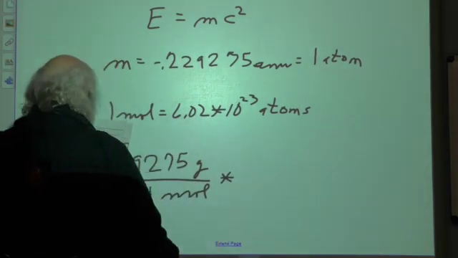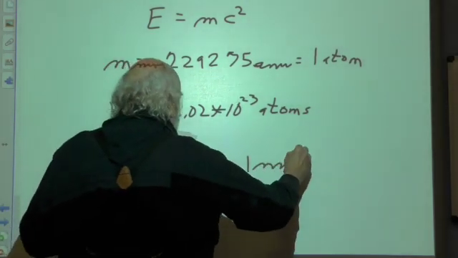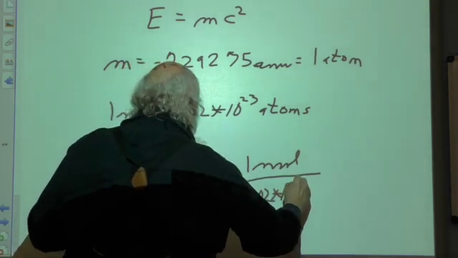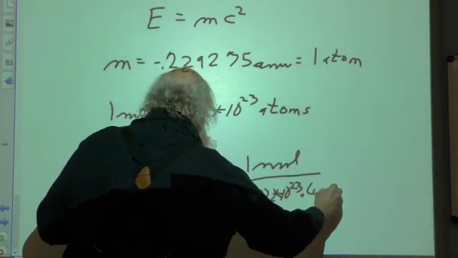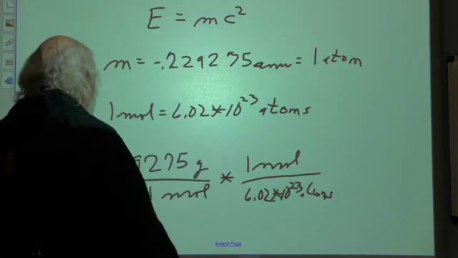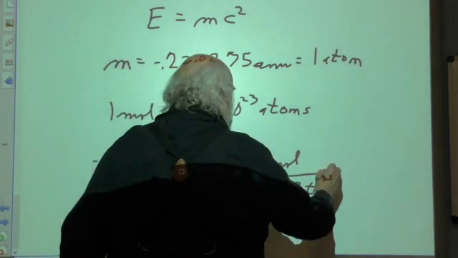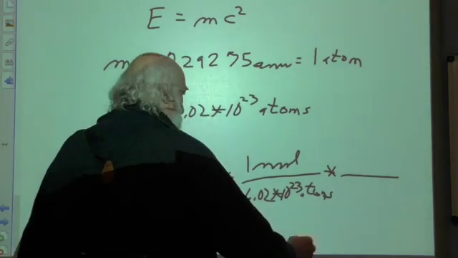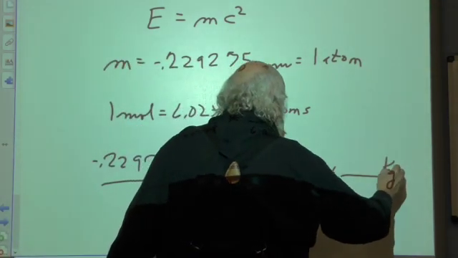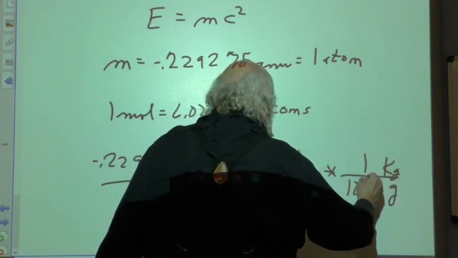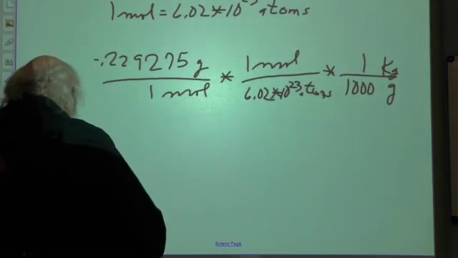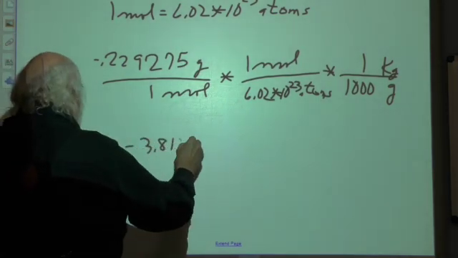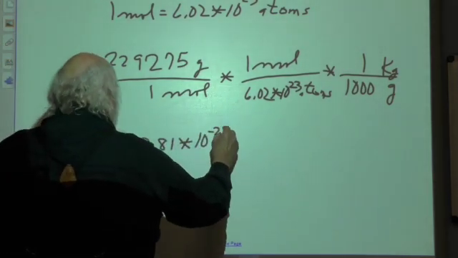Then I'm going to take 1 mole is equivalent to 6.02 times 10 to the 23rd atoms. And then I'm going to change my grams to kilograms. Grams here, kilograms here. 1 kilogram is equal to 1,000 grams. And when the smoke clears, I get negative 3.81 times 10 to the negative 28 kilograms.